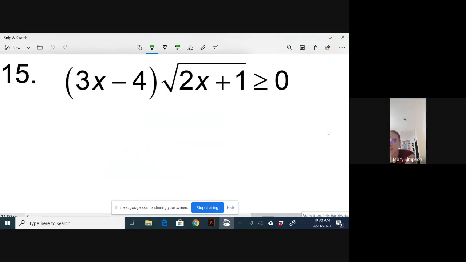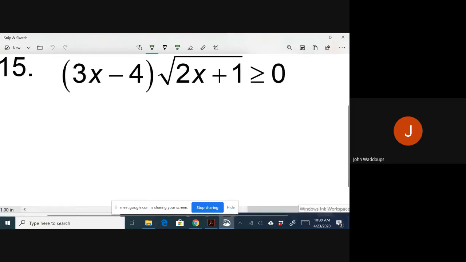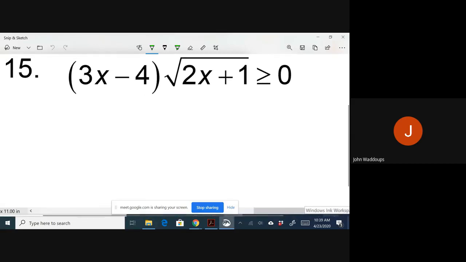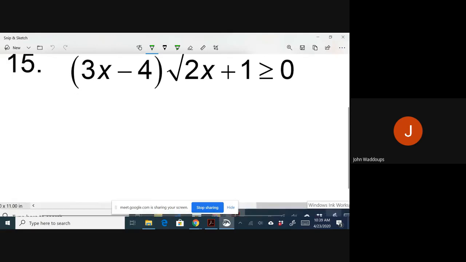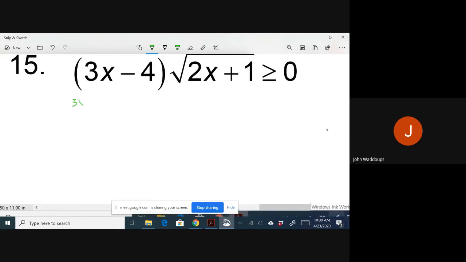All right, so we've got one factor, 3x minus 4, and the other one is the square root of 2x plus 1. Over here, we're going to write 3x minus 4 and set it equal to 0, and then solve to see what x is.